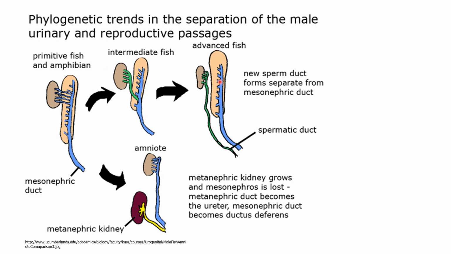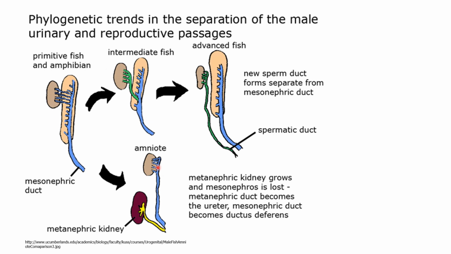But in amniotes, shown here, the mesonephric kidneys regress and are replaced by these metanephric kidneys along with their ureters. But the mesonephric duct here, the blue one, persists as the vas deferens, still serving the testes.